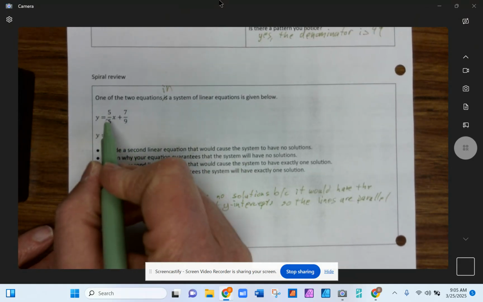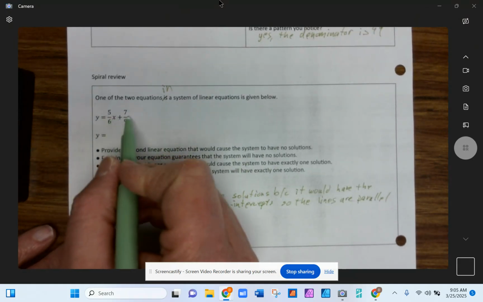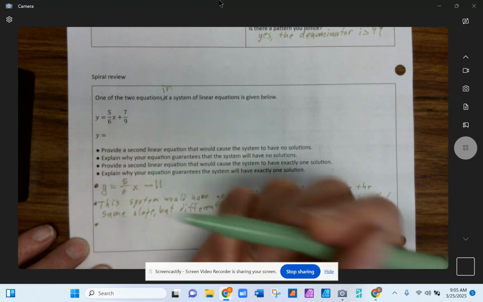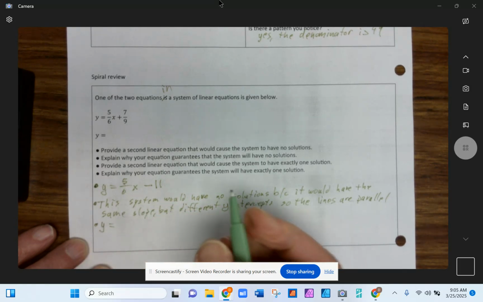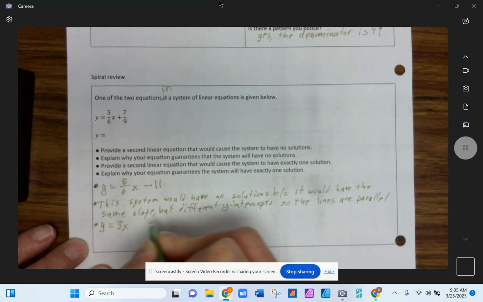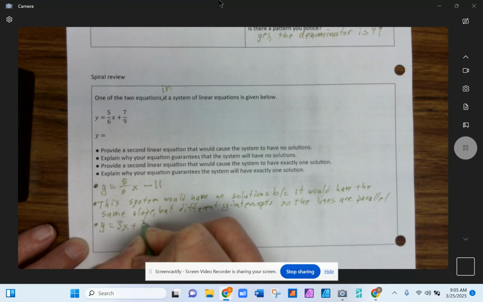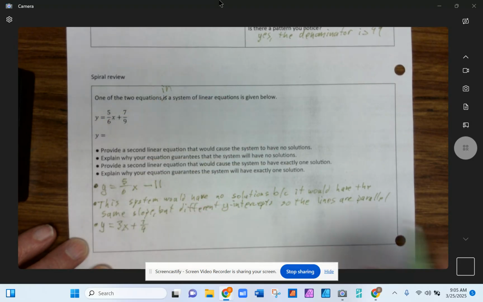So now the second one, we have exactly one solution. So the idea here is that you need to change your slope to a different number. You can have the same y-intercept, or you could have a different y-intercept, but the important thing is that you have a different slope. So we could say y equals, I don't know, again, doesn't matter. We could even keep the same y-intercept, okay?